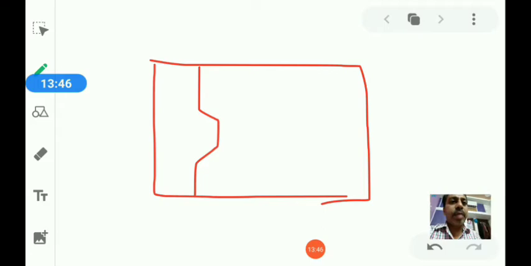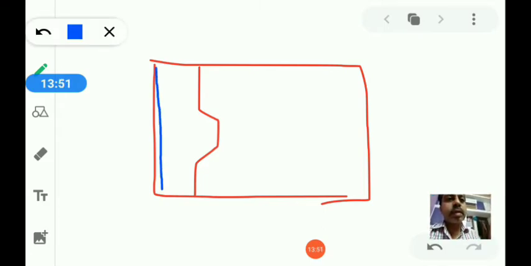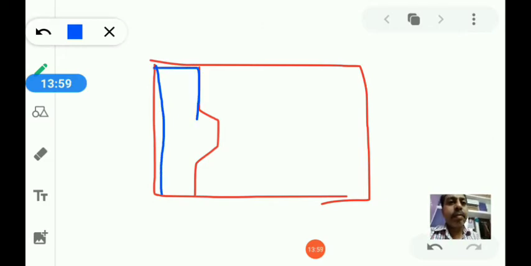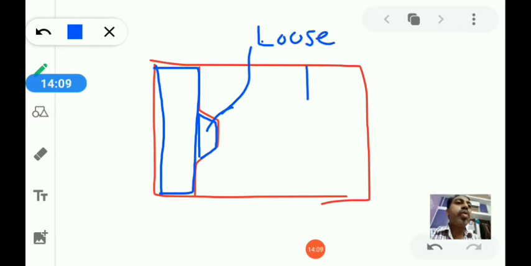It can be divided into two parts. Suppose this is one part, and this is our second part. This one is called the loose piece.